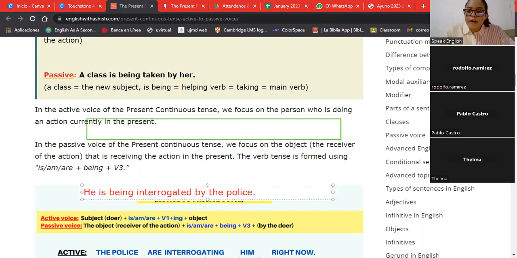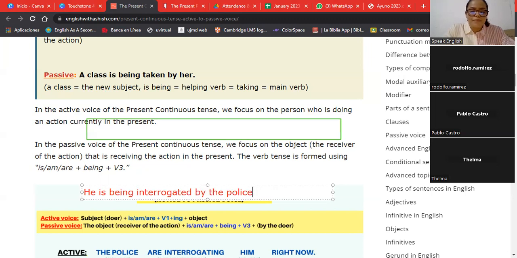Okay, Rodolfo and Pablo, do you agree to the change of the active to the passive voice of this sentence? I think yes. I agree, but it's missing the expression right now. But it's okay. That is optional, right? No problem with that.